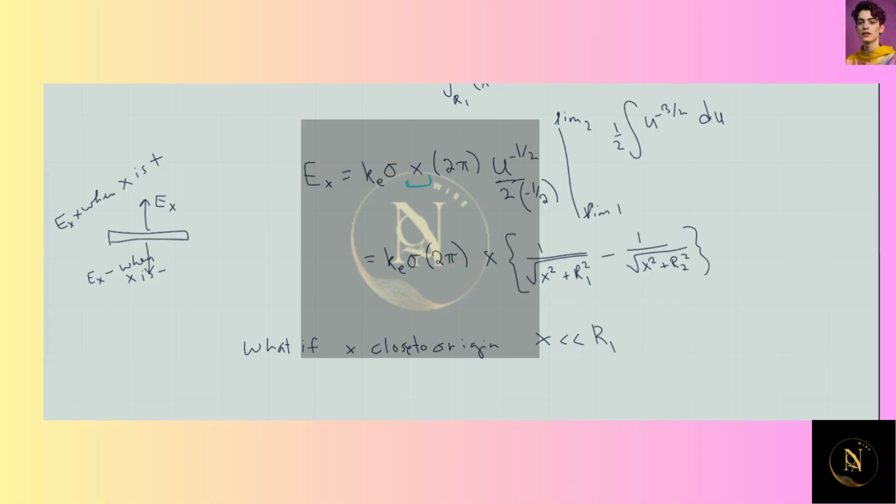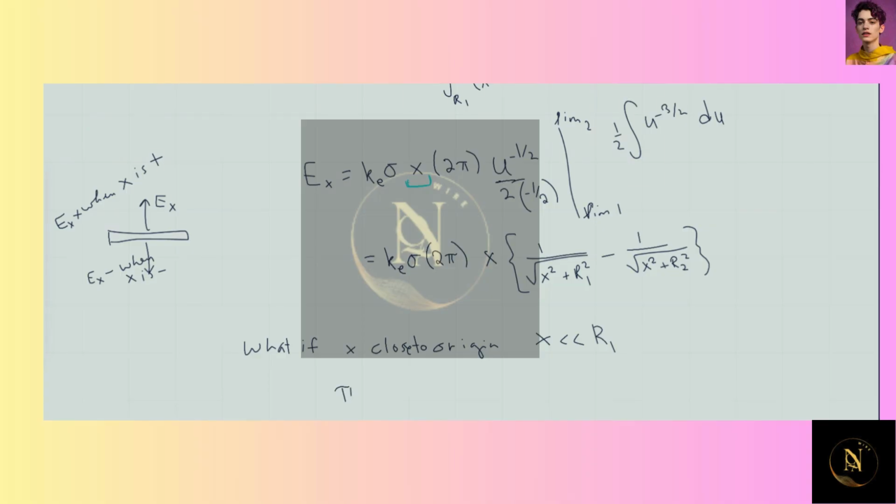I shouldn't say the origin, I should say the axis. No, that's fine, x is the axis. So we're really saying it's close to the origin with x much, much less than R1.